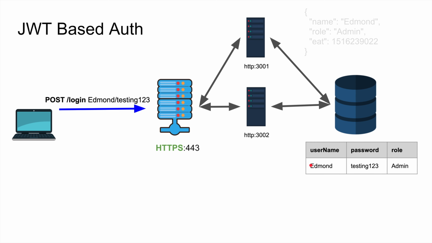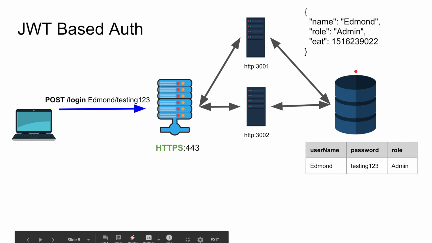Let me generate a token for you. Here's how we do it. We create a JSON: name Edmond, role admin. If you have attributes, put as many as possible there. Don't put sensitive information, because this token will be public and will have all the information. Put the things that you don't really care if the user can see. They can see, but they cannot do much about it.